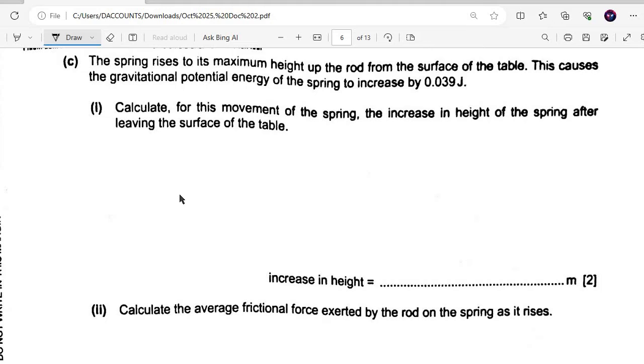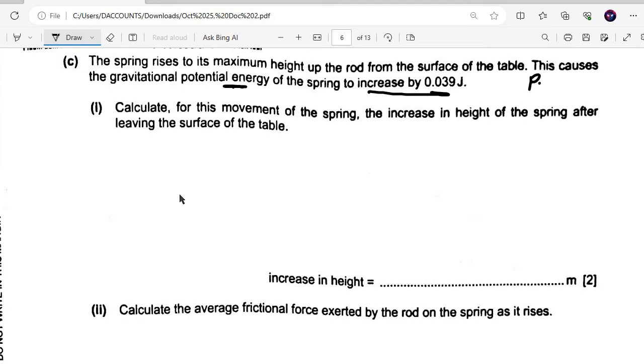C question. The spring rises to the maximum height. The spring rises, I mentioned this earlier, to the maximum height up the rod from the surface of the table. This causes gravitational potential energy to increase by 0.039.